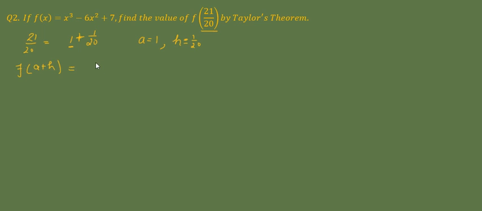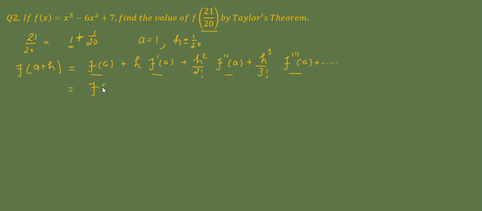So f of a plus h will be f of a plus h times the first derivative at a plus h square by 2 factorial f double derivative at a plus h cube by 3 factorial third derivative at a, and so on. Okay, now what we require is the function's value at a and derivatives at a.